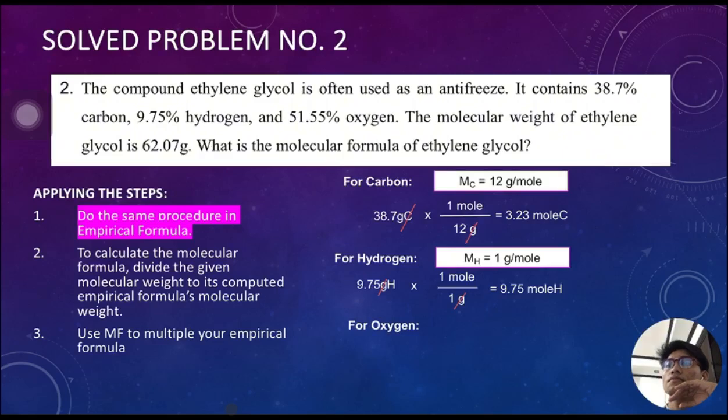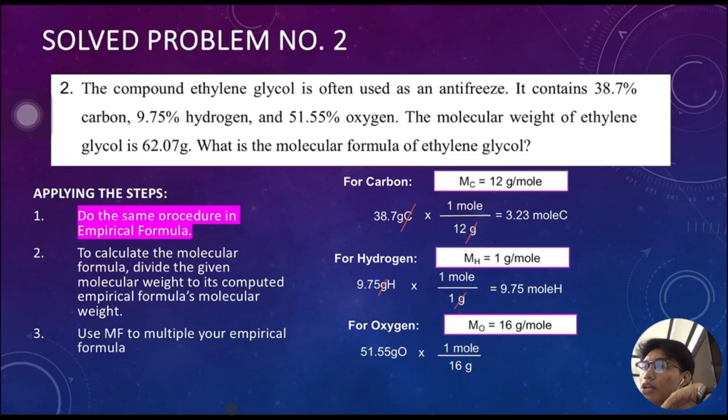The same thing. Okay? For oxygen, we have 51.55 grams of oxygen to be multiplied by 1 mole over 16 grams, because this is your molecular mass. The grams cancel, then the result is 3.22 moles of oxygen.